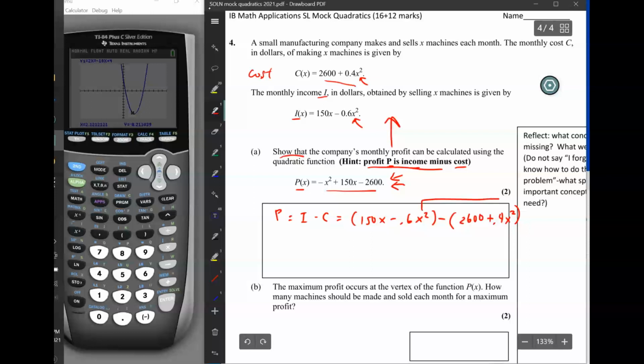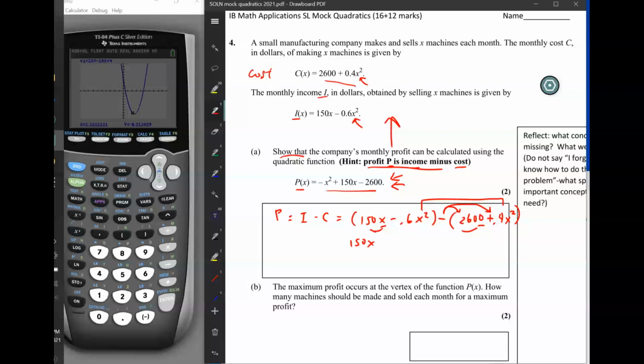These are like terms, so we're going to subtract the coefficients. This and this are not like terms because this has an x in it and this one doesn't. So for 150x and 2600, we just write them out again. 150x. Remember, the negative sign is distributed to each of the elements inside the parentheses. So it's actually negative 2600, okay?